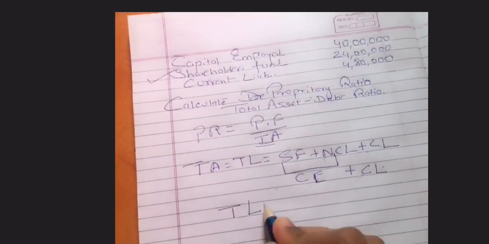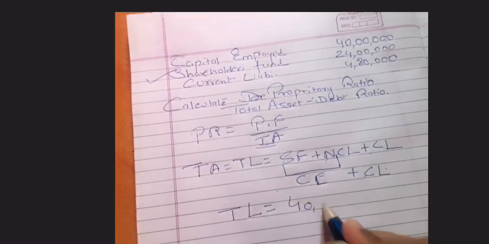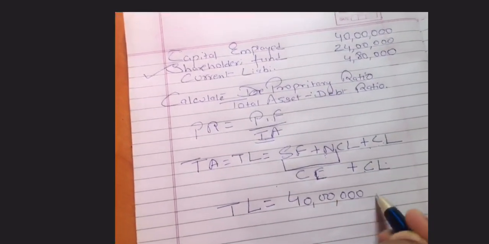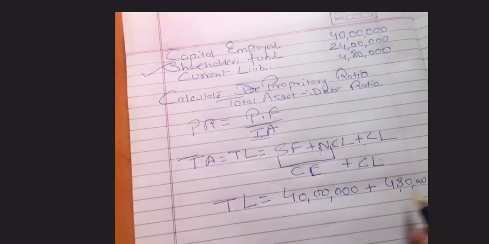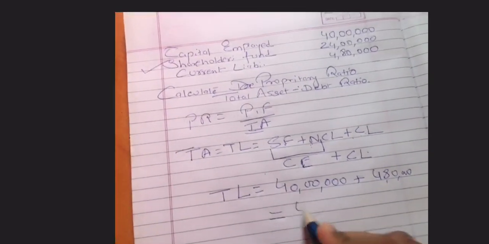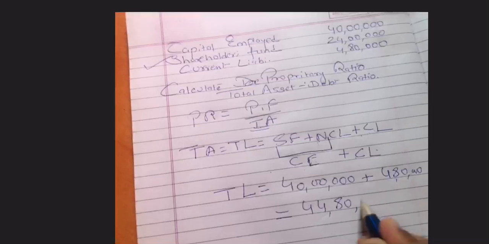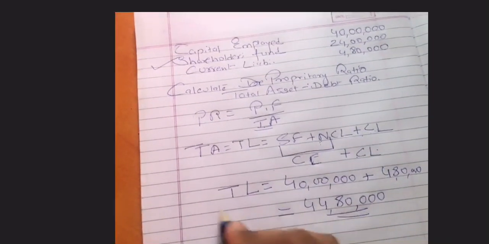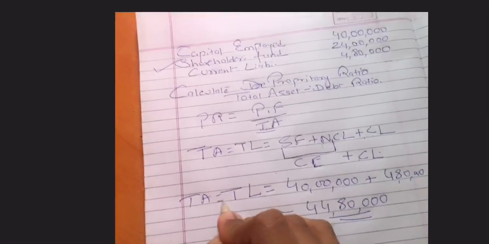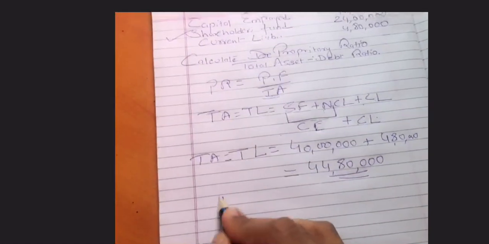So your total liability will be equal to capital employed 40 lakh plus current liability 4 lakh 80,000. So this total is 44 lakh 80,000. This is your total assets or total liability. So we want total assets. Then put the formula of proprietary ratio.